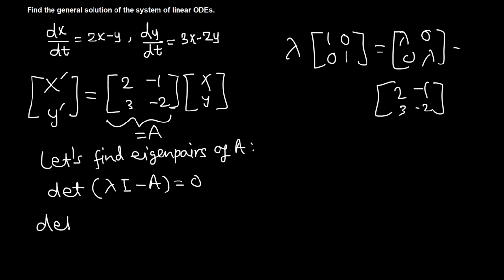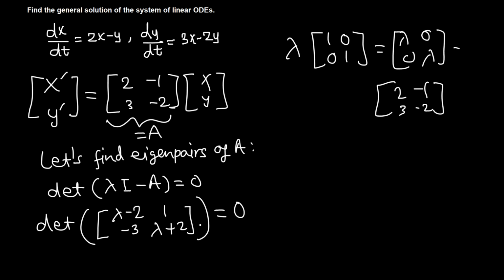So that's the determinant of lambda minus 2, that's first row first column, 0 minus -1 is just 1, 0 minus 3 is -3, lambda minus -2 is lambda plus 2, equals 0.